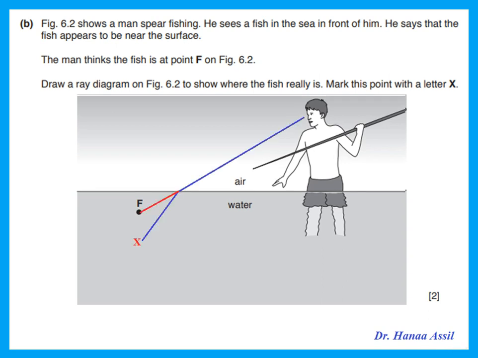The fish is actually lower at X, but as the ray comes from X to the surface between the water and air, it refracts going to his eyes, so he's seeing the extension of that refracted ray, and that is why he sees it as if it is at F, not at X.